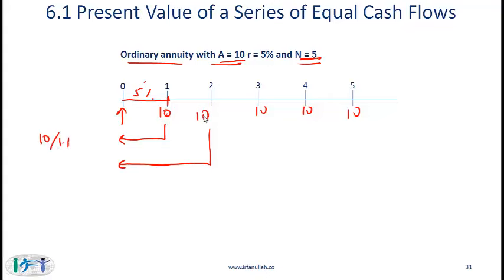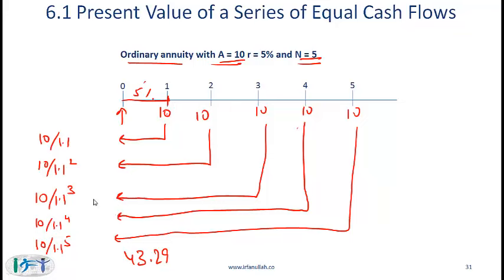For this second one, it will be 10 divided by 1.1 squared. So if you simply take the present value of every cash flow and then add up all these numbers, what you should end up with is 43.29. And I have just done this for illustration to demonstrate what actually is going on.